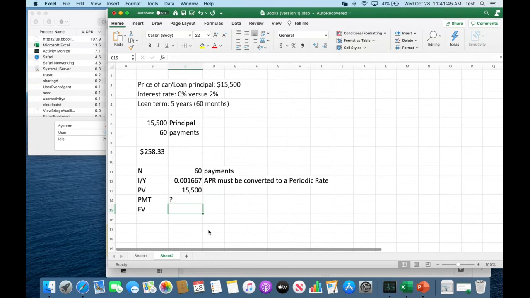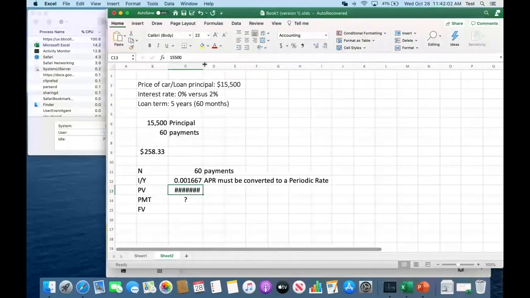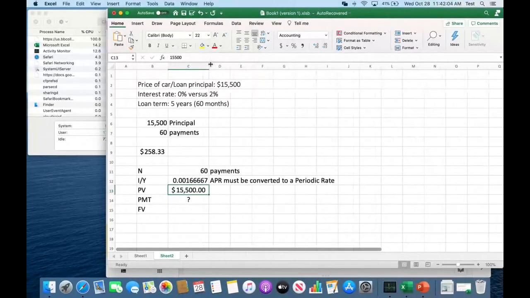Now, here's an interesting variable that a lot of students always seem to struggle with. If the value of my loan today is $15,500 on a used car, and I agree to pay that loan off in 5 years or 60 payments, what is the value of the loan going to be in 5 years?